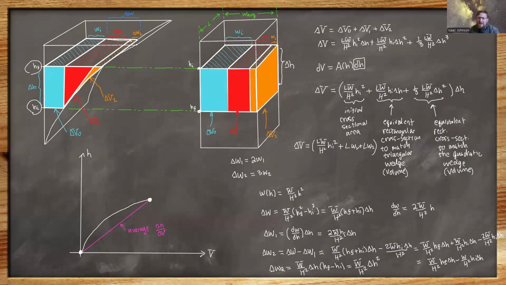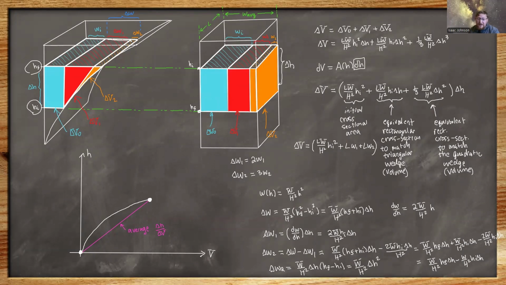And so when we look at that, and then we look at what we solved delta W2 for, delta W2 is this. W2 is that with a factor of 1/3. So Ramsey was right. Delta W2 is 1/3 of W2, my equivalent widths.